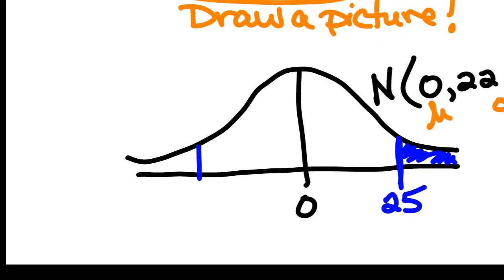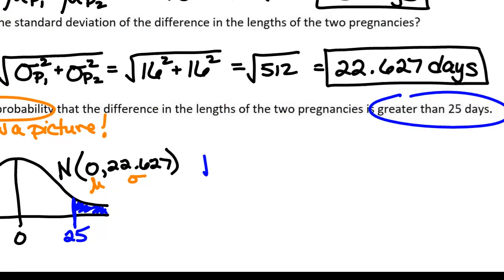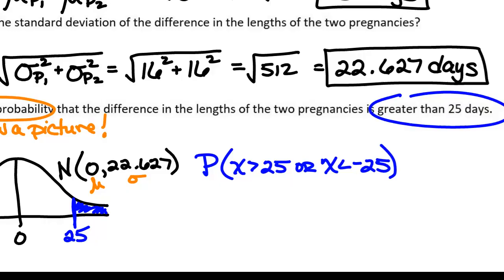Negative 25. This would have the first person having their baby first, and then the second person having their baby. So I'd get a negative difference. The other one would be second person has their baby first. So we're going to do the probability that x is greater than 25 or x is less than negative 25. This is what we are finding the probability of.